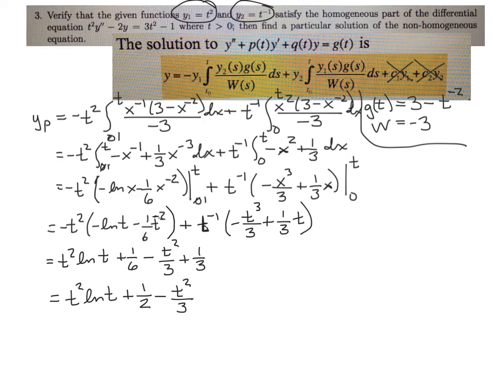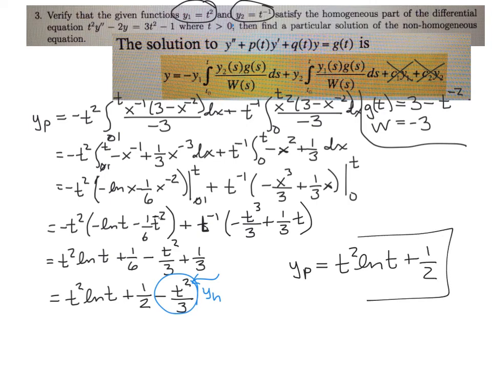We didn't take into consideration the homogeneous, but this term right here is part of the homogeneous differential equation, because it is a constant times y1. So it would just get absorbed into that constant. And so what's left for our particular solution, what is not part of our homogeneous, not a t squared and not a t to the negative 1, is t squared natural log of t plus 1/2. Boom.